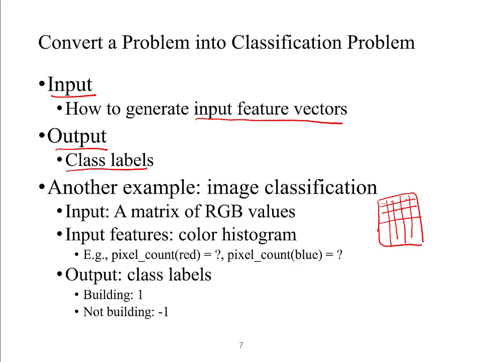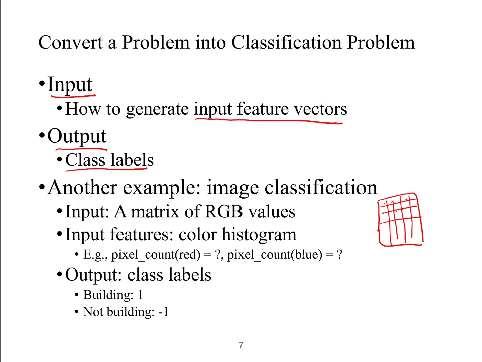You need to convert this input into an input feature vector, which here, in this example, we can use a color histogram. Say how many red pixels there are in this image, how many blue pixels in this image. And you can also use other different feature vectors.